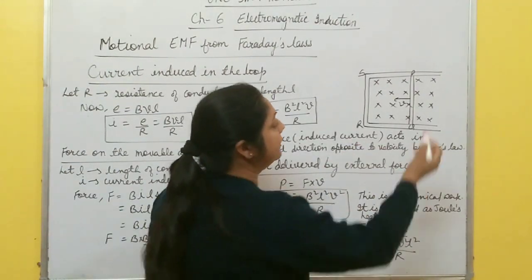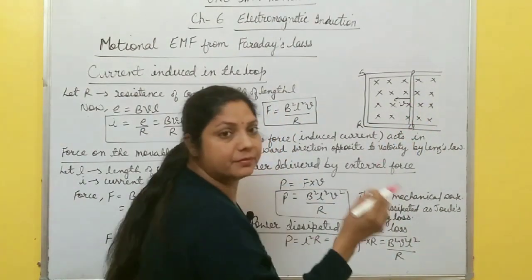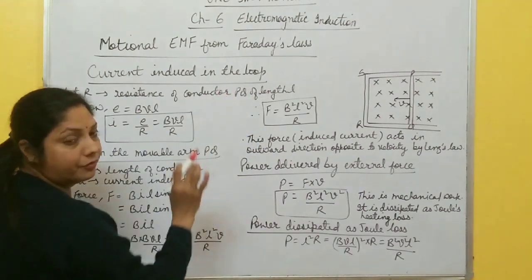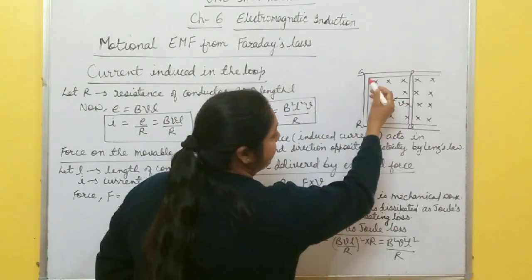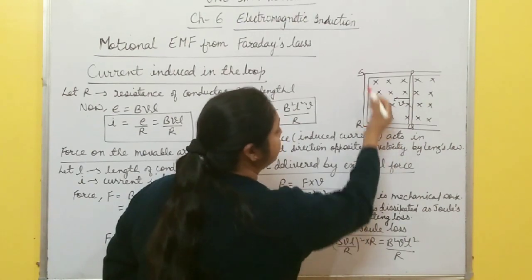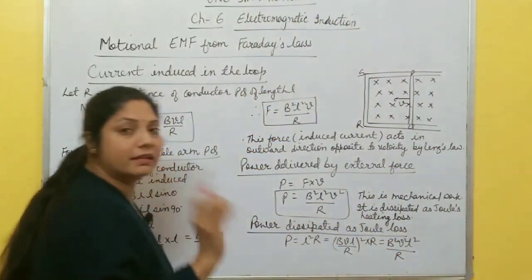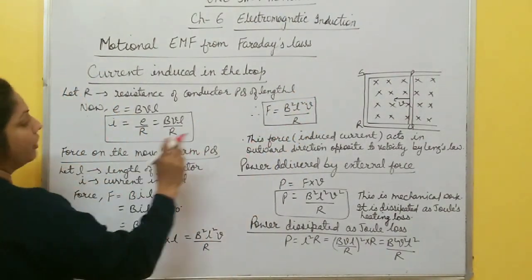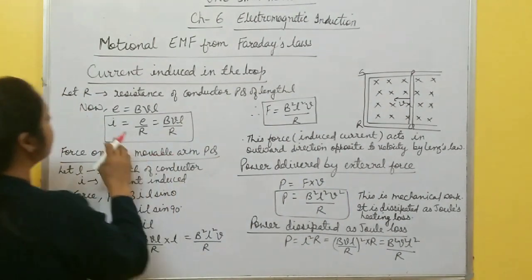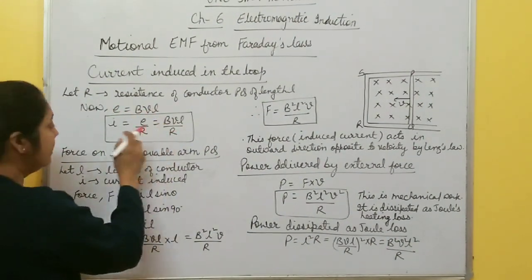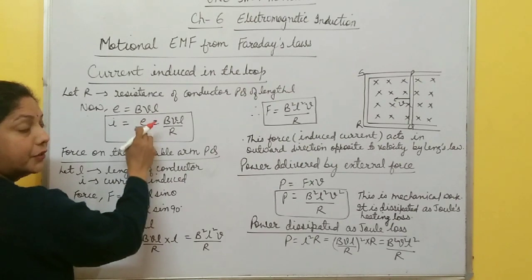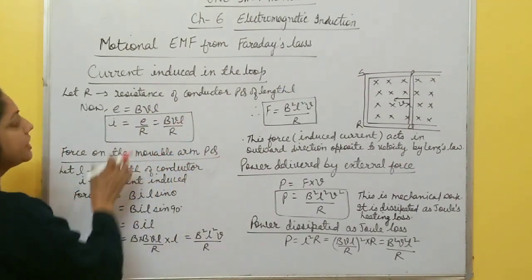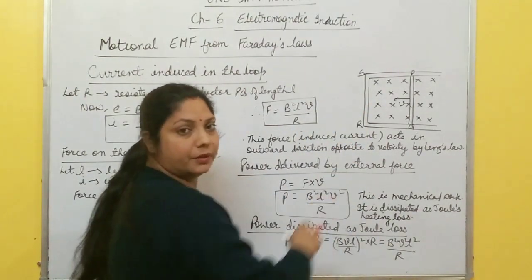Let us suppose that the movable arm PQ of length L has some resistance R. Let capital R be the resistance of conductor PQ, and the other sides of this loop, QR, SR and SP, have negligible resistance. So the current is induced only across PQ. The EMF, you know, is BVL. So the induced current I, according to Ohm's law, is V by R, meaning E by R, so BVL by R. This much current is induced in this loop.